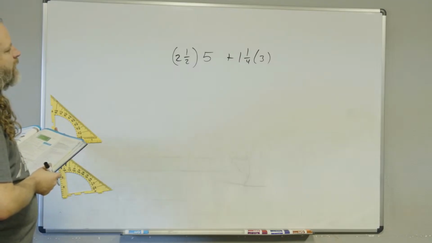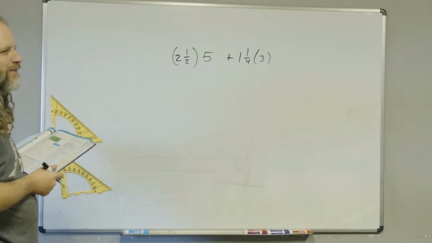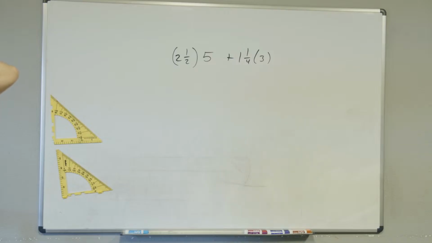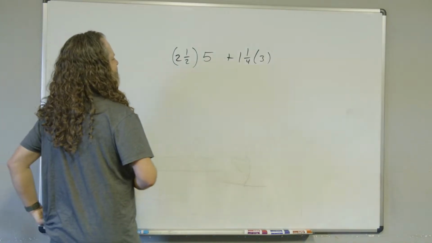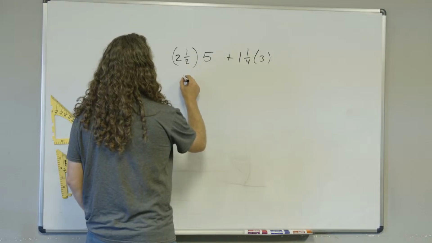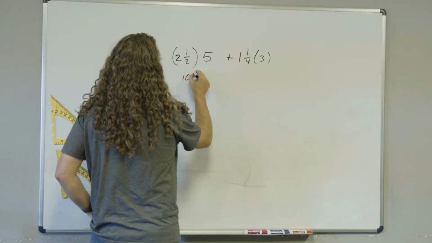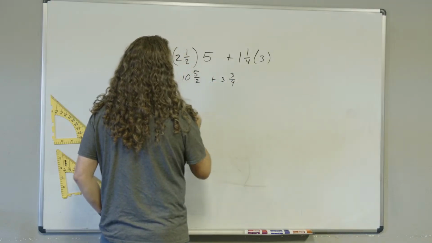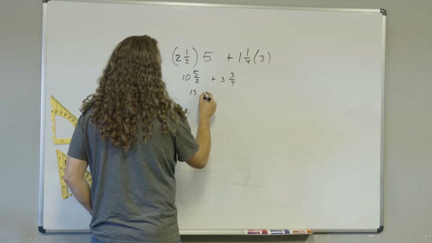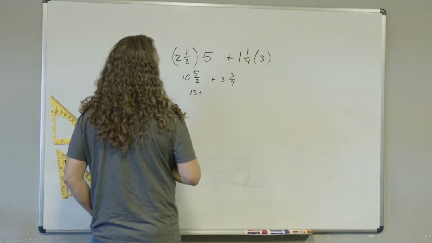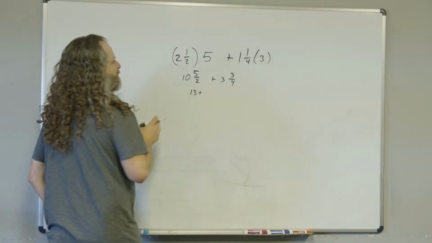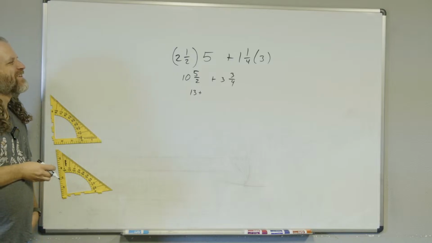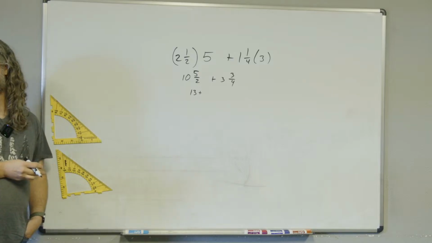So 10 5/2 plus 3 3/4, whatever that is. See if I can beat y'all on your calculators. There's no way 5 3/4 is right. That can't be correct.